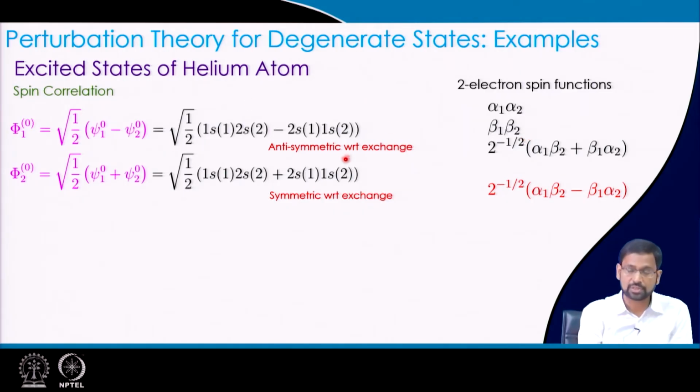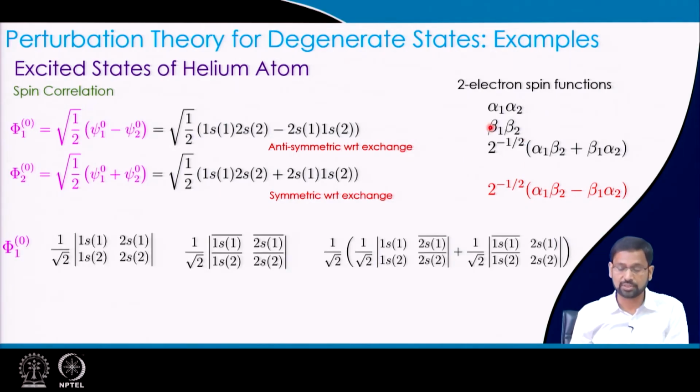So this is what we will do. We will write down this wave function with the spatial part and this triplet spin part. When I do this, you can have the first term with alpha 1 alpha 2. When you multiply this by alpha 1 alpha 2, you would see that the 1s orbital, which contains electron 1, now has spin alpha, and the 2s orbital, which contains electron 2, also has spin alpha. Similarly, consider beta 1 beta 2, or alpha 1 beta 2 plus beta 1 alpha 2.